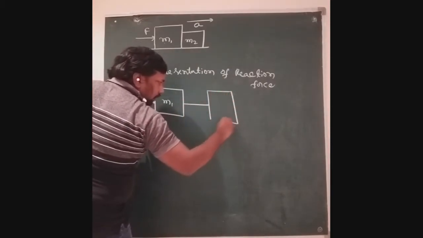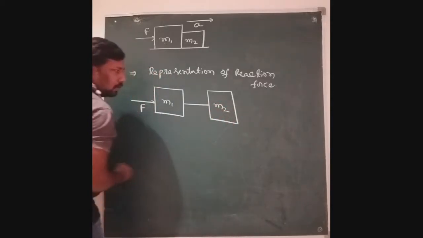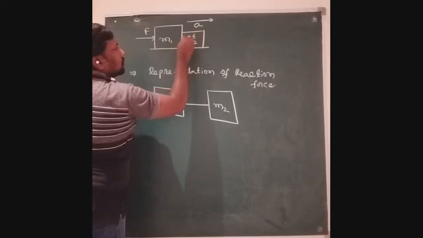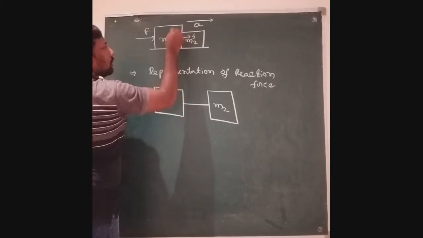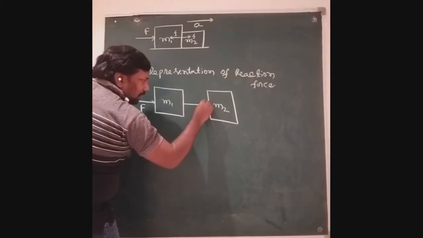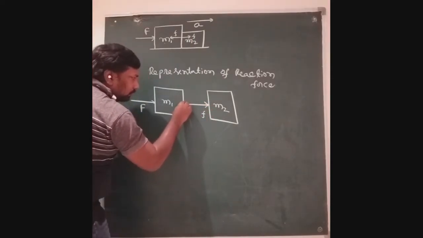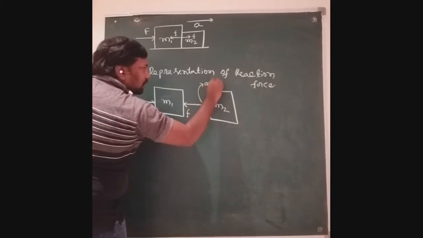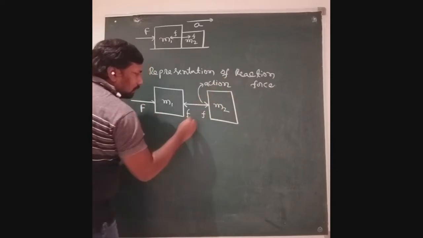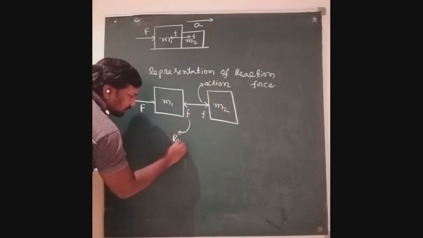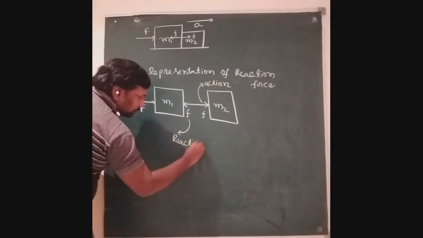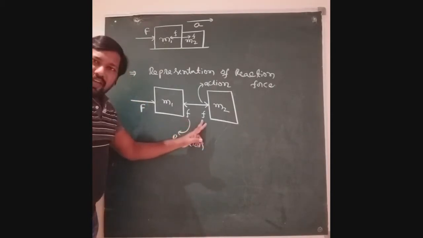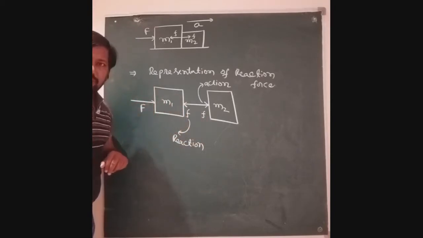Here this is the m2 block. So in this situation, the contact force acts in this way. That means this is F, this is also F. Here F means it is the action force. This is the reaction force. So now we can find out the contact force and acceleration of the system.